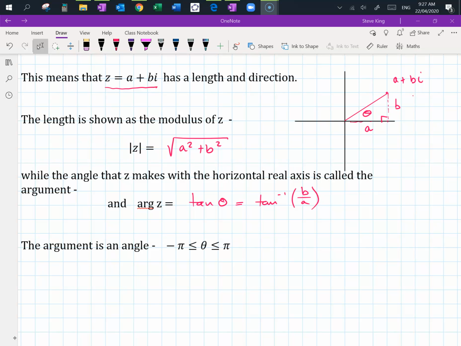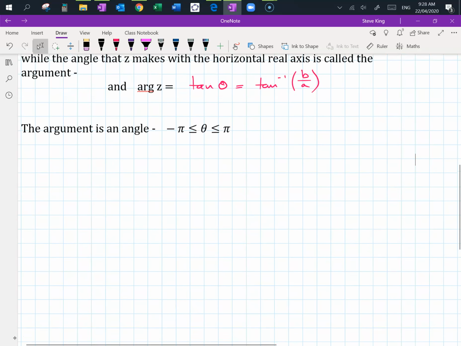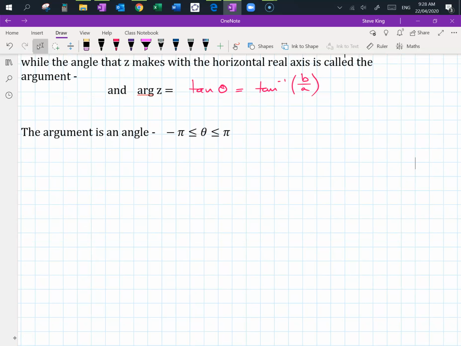Right, let's take some examples of this, and let's see what these look like with actual complex numbers. So I'll take a couple. I'll take the value z1 to be the point 3 plus 2i.